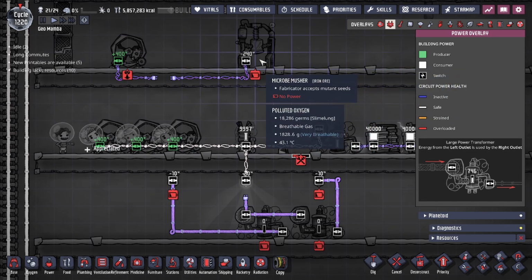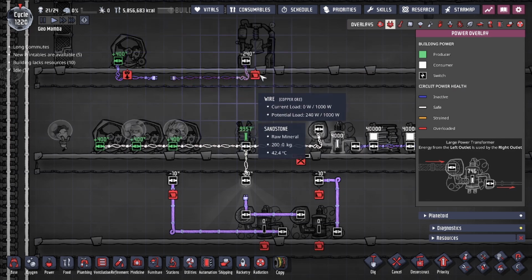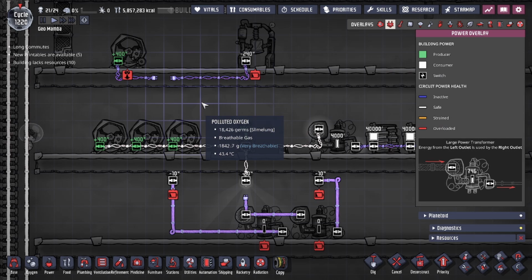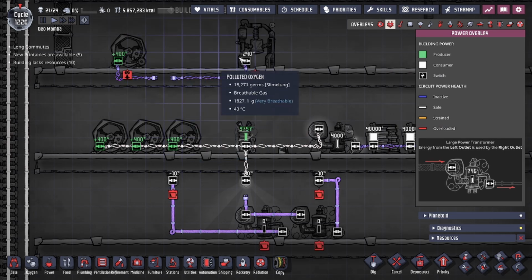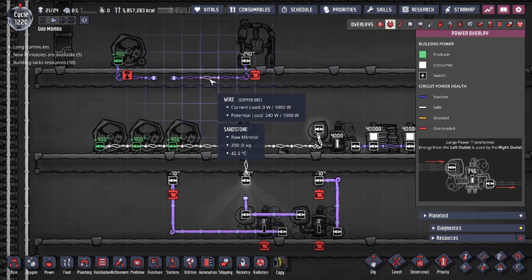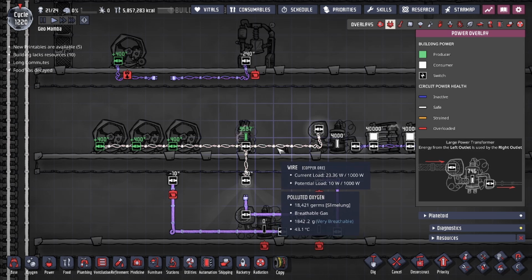It's going to ask the battery to provide power for each building, and the battery is not going to know if it's overloaded or not. So it will provide power to each building if I did have 6 micro mushers, which will overdraw the power, causing it to start overloading, as we see down here.